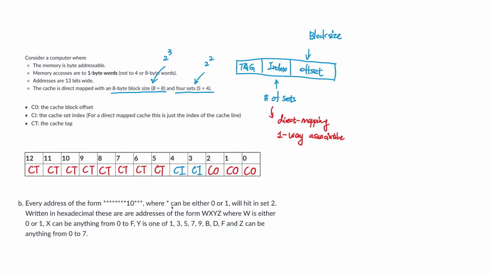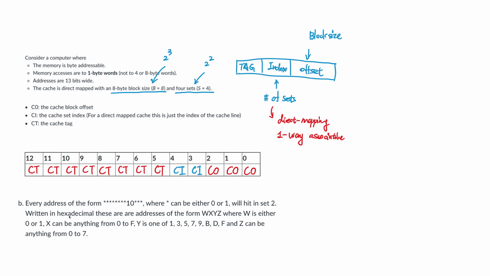The index has to be 1 and 0, and the rest can be either 0 or 1 and will still hit in set 2. Because representing 2 is just 1, 0, right? So the only things that matter are digit 4 and digit 3 in position. Only these 2 matter. The rest doesn't matter; each could be either 0 or 1.